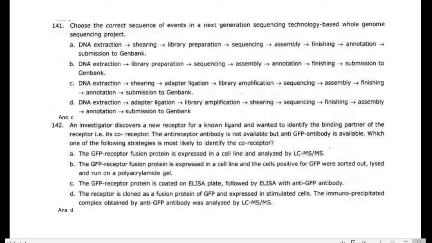Methods in biology are very important, and here also they are asking for the method or strategy to identify the co-receptors. The right answer is: the receptor is cloned as a fusion protein with GFP and expressed in stimulated cells. The immunoprecipitated complex obtained with anti-GFP antibody is analyzed by LC-MS/MS. This is the concept: they first express with GFP, then analyze by LC-MS.